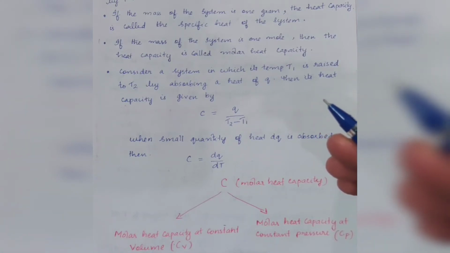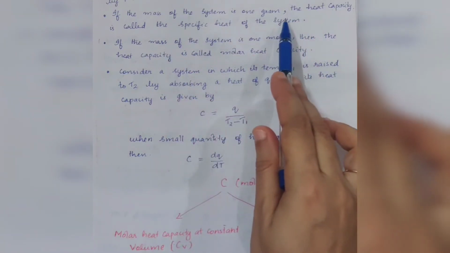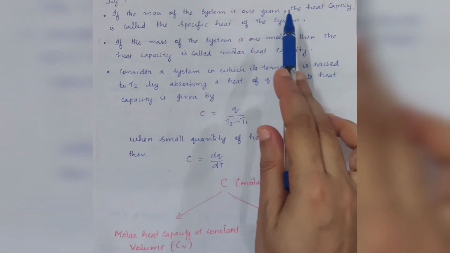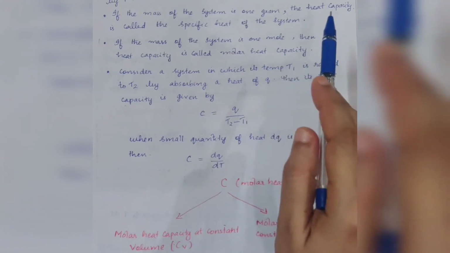Here mass is considered, that is, mass is fixed. Unit mass is taken, that is 1 gram.